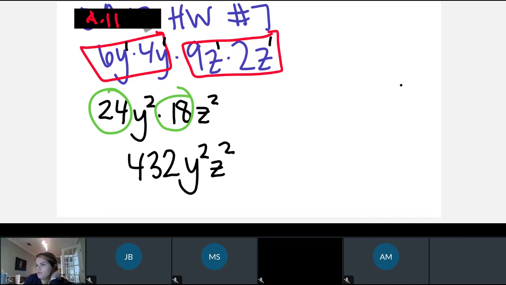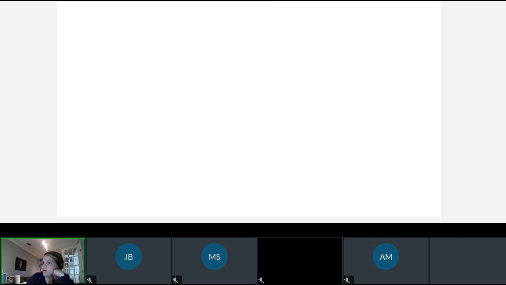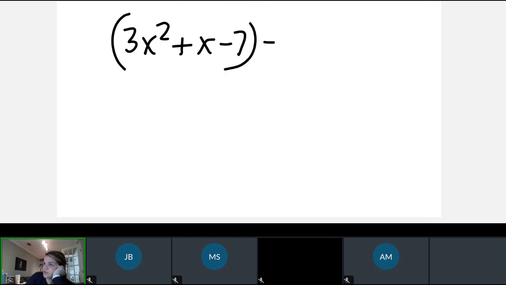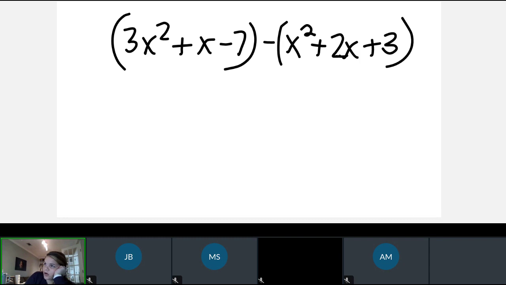So you have that negative sign, Stormy, it has to be distributed to every term. So I'll do a super fast one because I got to get out of here. Let's say you had 3x squared plus x minus 7, and then you are subtracting x squared plus 2x plus 3. All right, this negative sign outside has to go to every term.